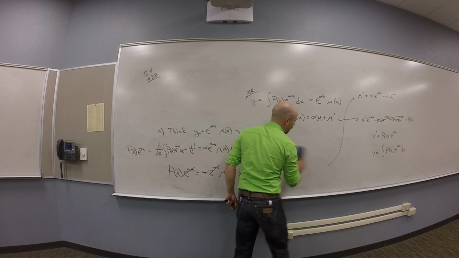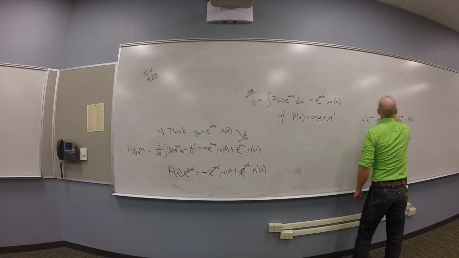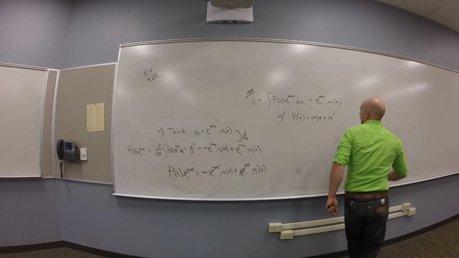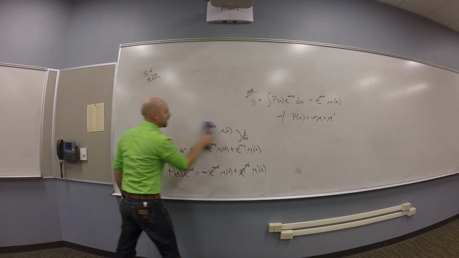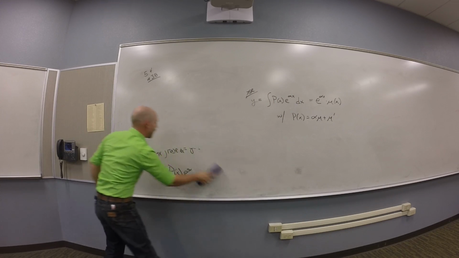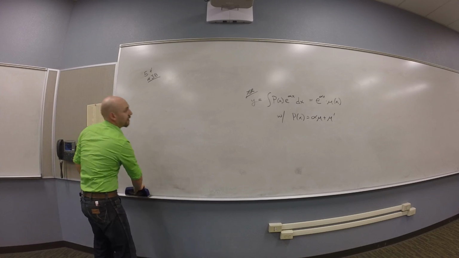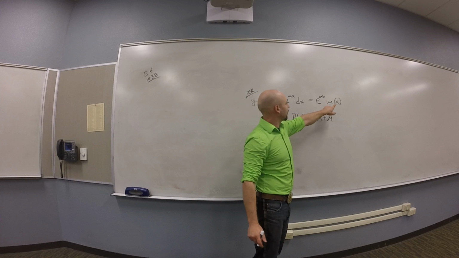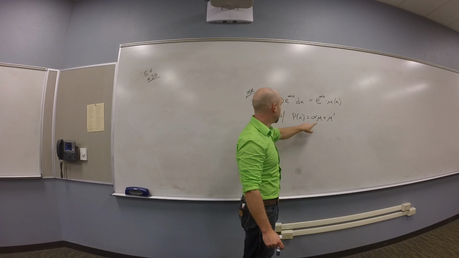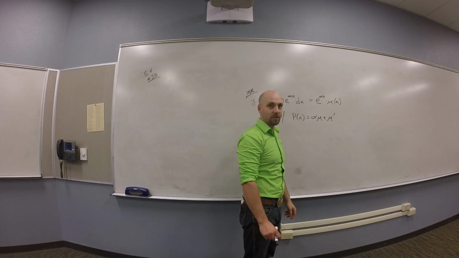So here's where I'm sitting back before I tried this nonsense. I had done part A, which was to figure out that if y is e to the alpha x times mu of x, then mu satisfies this differential equation, right?